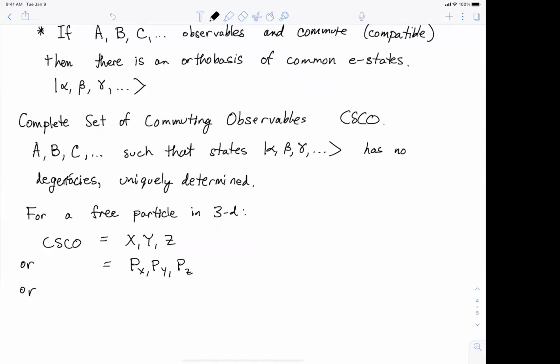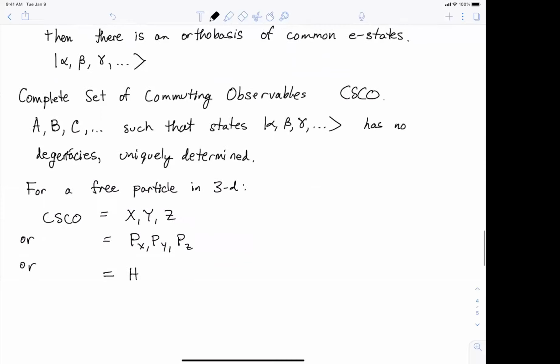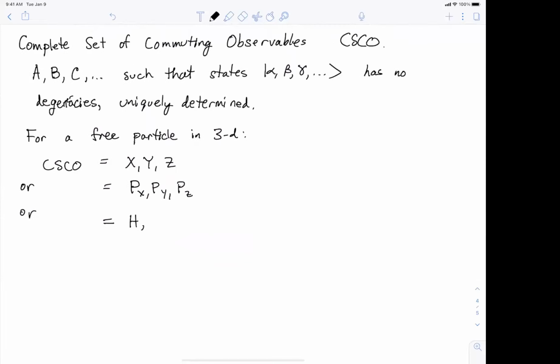Or we could choose, and this is a very common choice, the Hamiltonian and the orbital angular momentum squared and the z component. Now, if you've chosen those, you can't add in L sub x because L sub x doesn't commute with L sub z. So you're done.